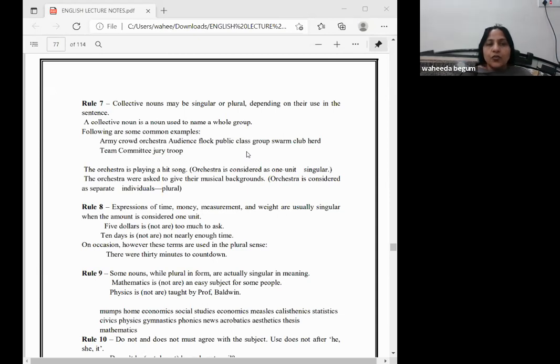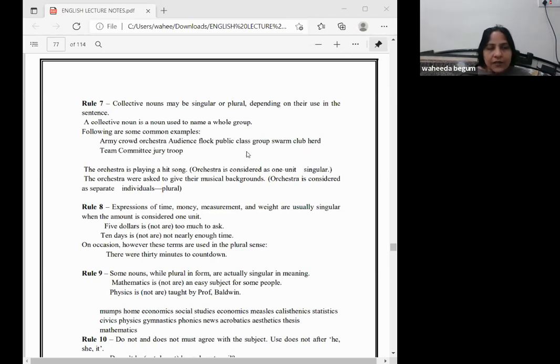Swarm of bees. Club of members or club of cricket players, herd of elephants, team of, again, basketball players, committee, you all know, members of the college, jury is a group of judges, and troops are, again here, soldiers also can be used.